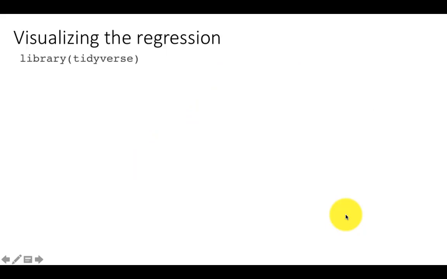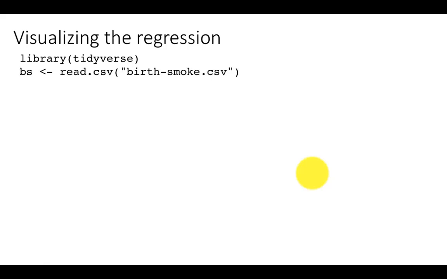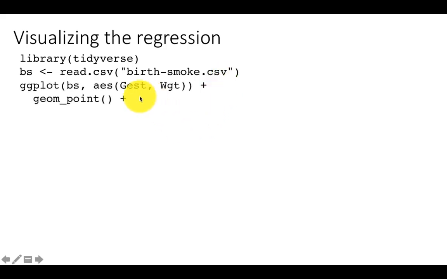Let's visualize the regression. Because it's regression, ggplot has the geom_smooth function, and that can directly show us the linear model. So in this particular case, there's no need for us to even build the regression model. We read the data once again, and I'm doing ggplot with aesthetic gestation and weight.